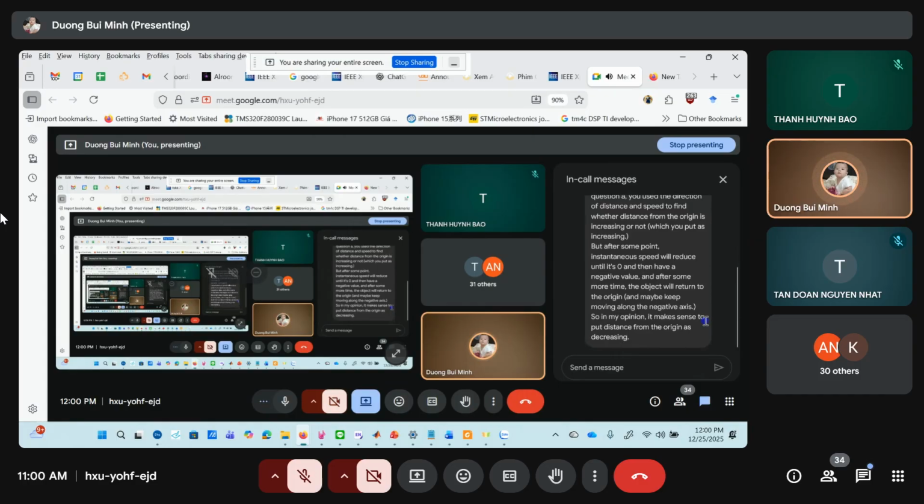The object will return to the origin. So it makes sense to put distance from the origin as increasing. Let me think.